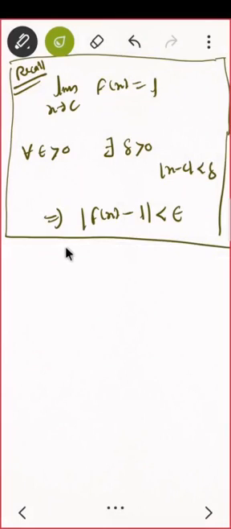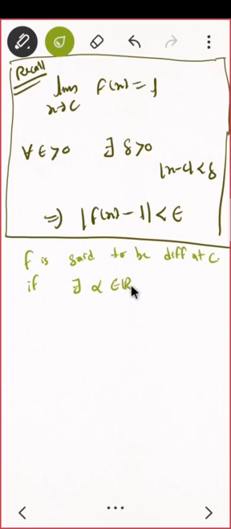Now can you write the definition of differentiability? f is said to be differentiable at c if there exists alpha belonging to R such that, what is the condition, what should I write?